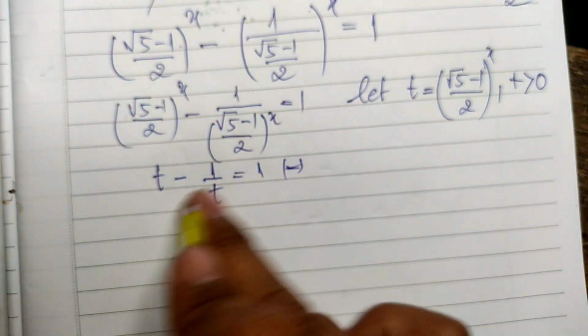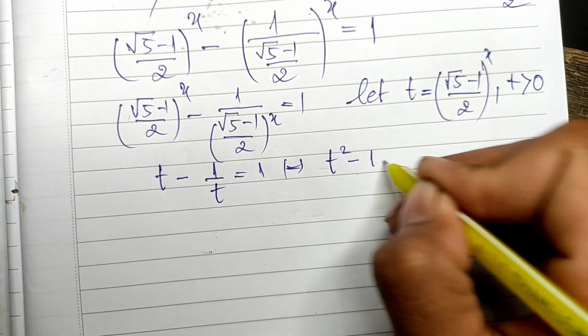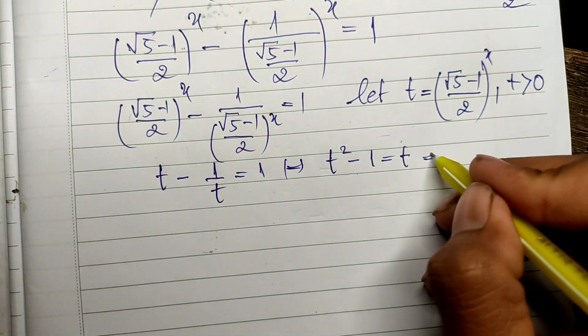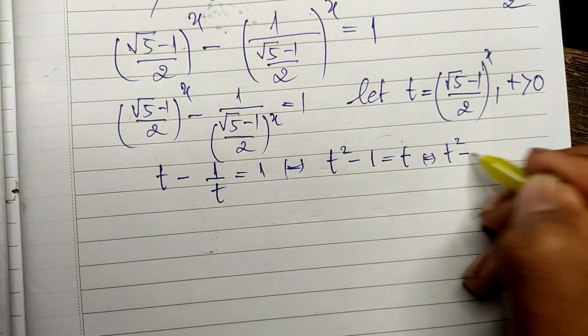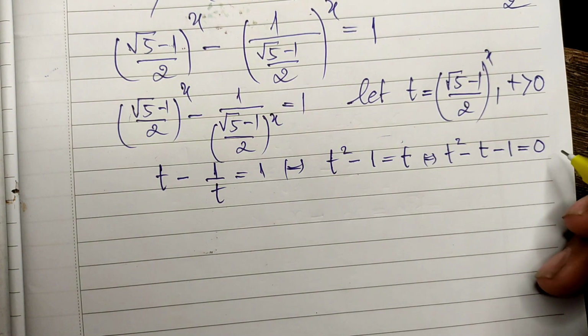I multiply both sides of this equation by t, so we get t² − 1 = t, and I move it from the right side to the left side, so we get t² − t − 1 = 0.